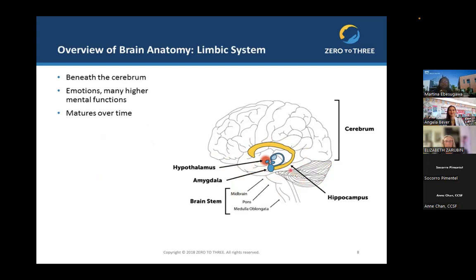And again, I keep bringing this back because in my work as a clinician and as a consultant for the California Inclusion Behavior Network, one of the things I've seen in classrooms is that children have a hard time accessing their frontal cortex, and they spend a lot of time in this limbic system area of their brains.